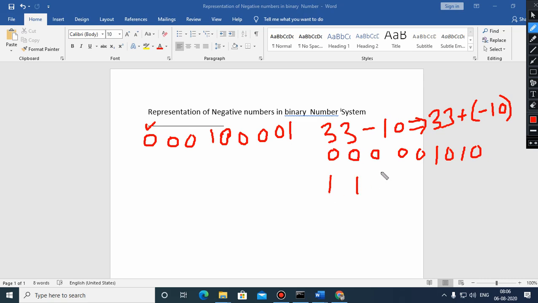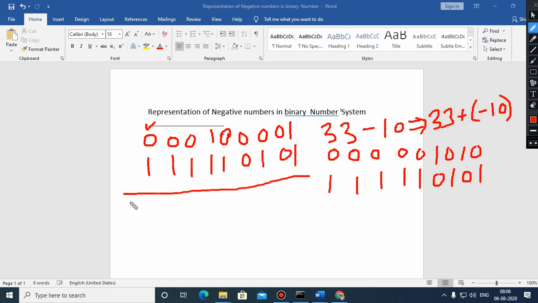It is 1, 1, 1, 1, 0, 1, 0, 1. So just copy it here: 1, 1, 1, 1, 1, so 5 times 1, and 0, 1, 0, 1. Just add these. So it is actually 33 we are adding with minus 10.